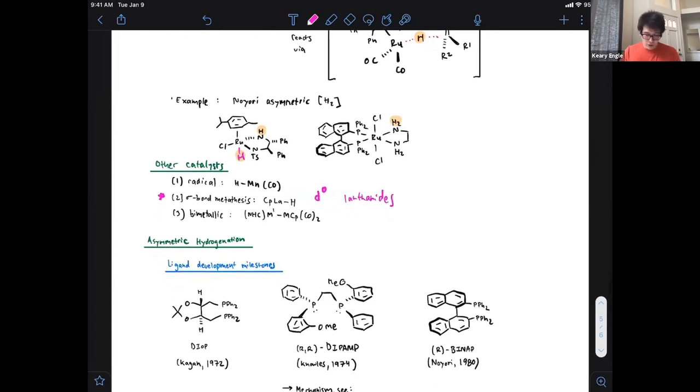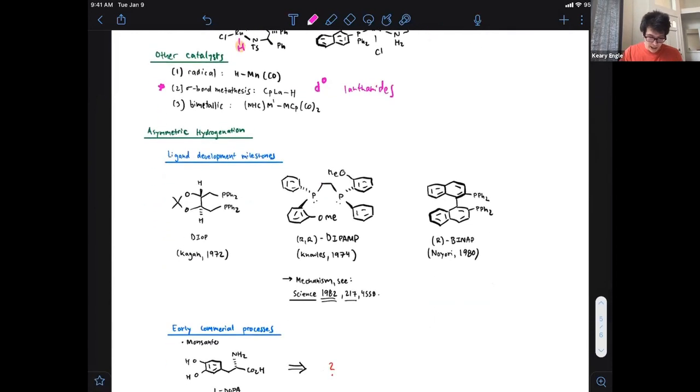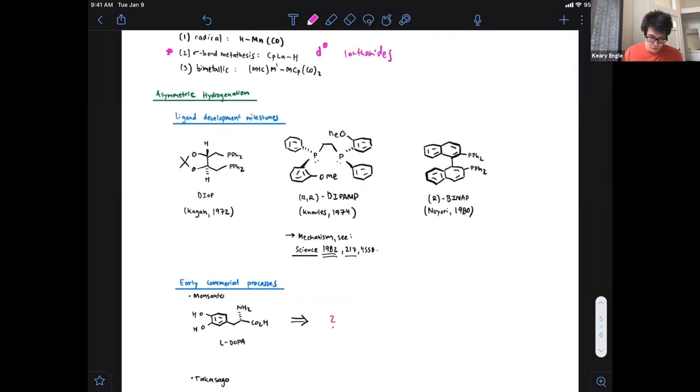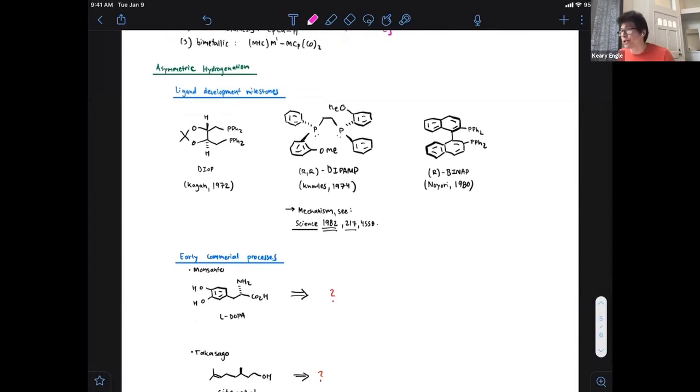Okay, and now I'm going to just conclude by showing some key milestones in asymmetric reductions. We talked about how Knowles early on had worked with these chiral-at-P phosphine ligands, but these are disadvantageous because they're not super easy to make.